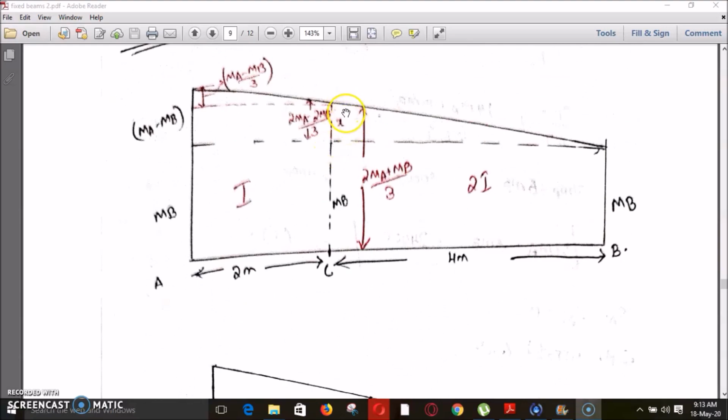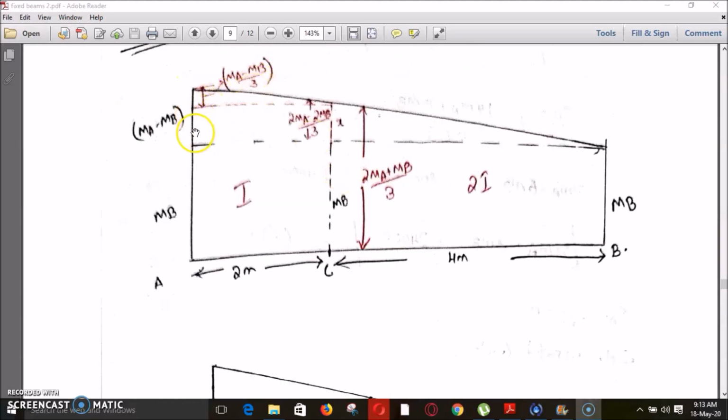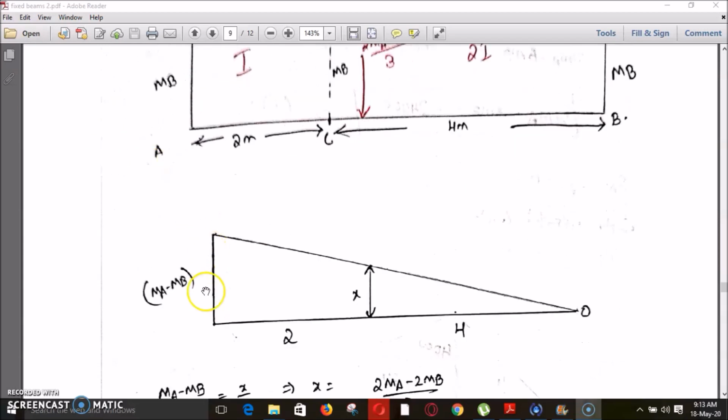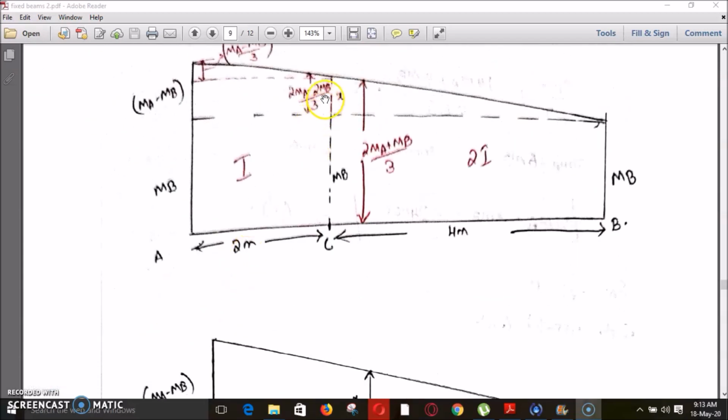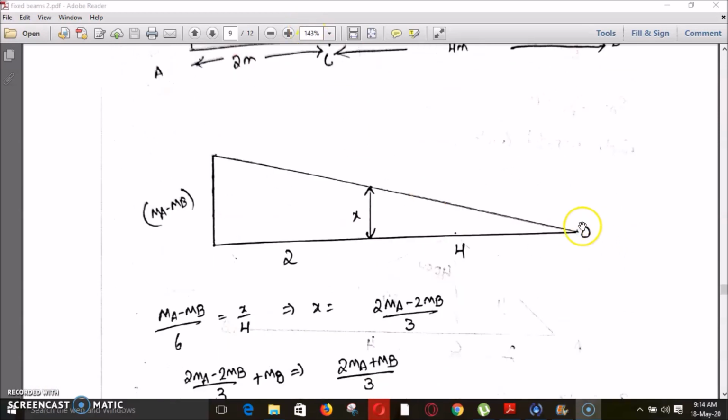So for calculating this value, we will consider only this triangle. This is our triangle. This is MA minus MB, and this distance is X. Let us consider it as X, and this is 0.